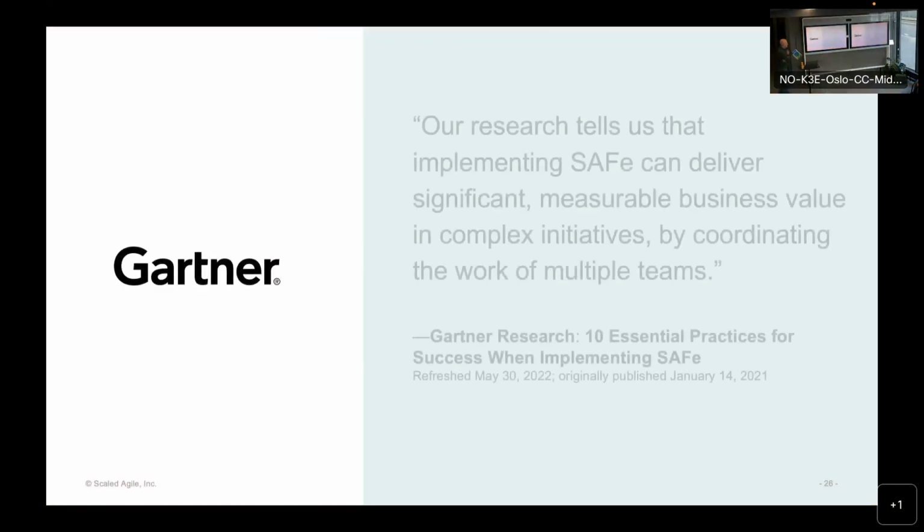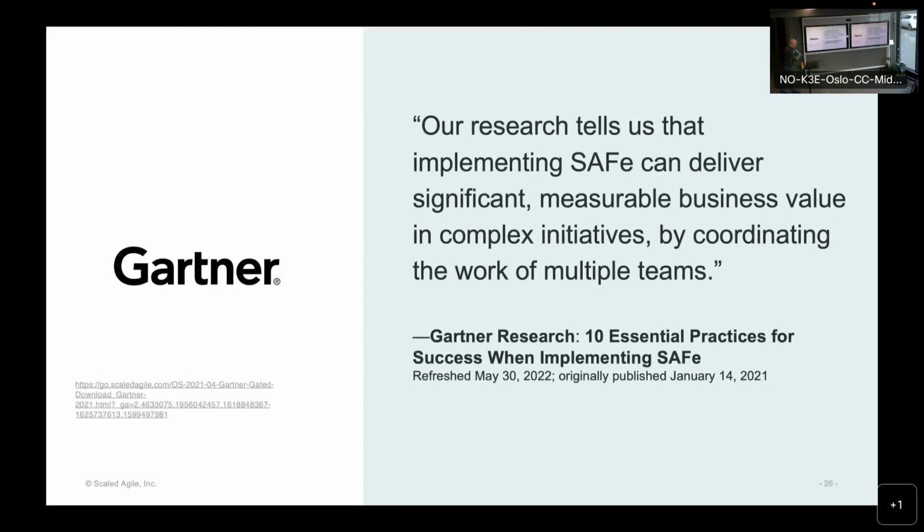It's a lot. People have different opinions about SAFe and how that works, that it's too complex, it's too many ceremonies and so forth. Gartner at least claims that if you have complex initiatives and you have multiple teams, SAFe is a good place to look.